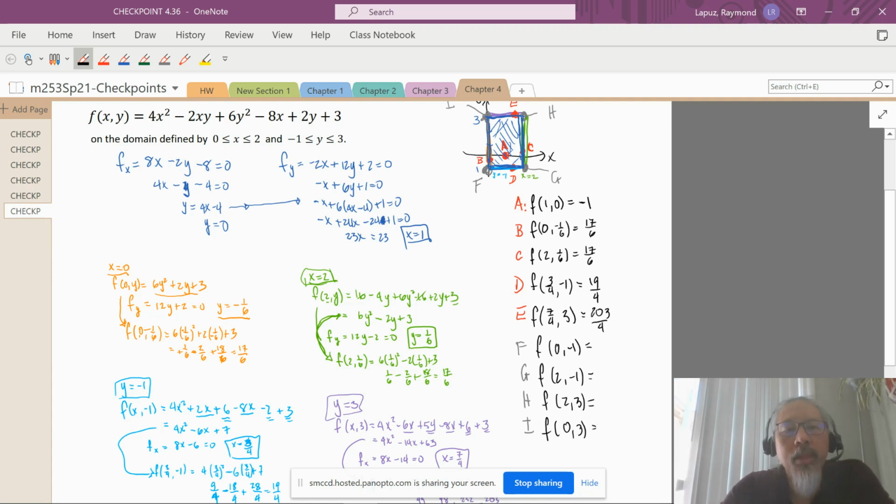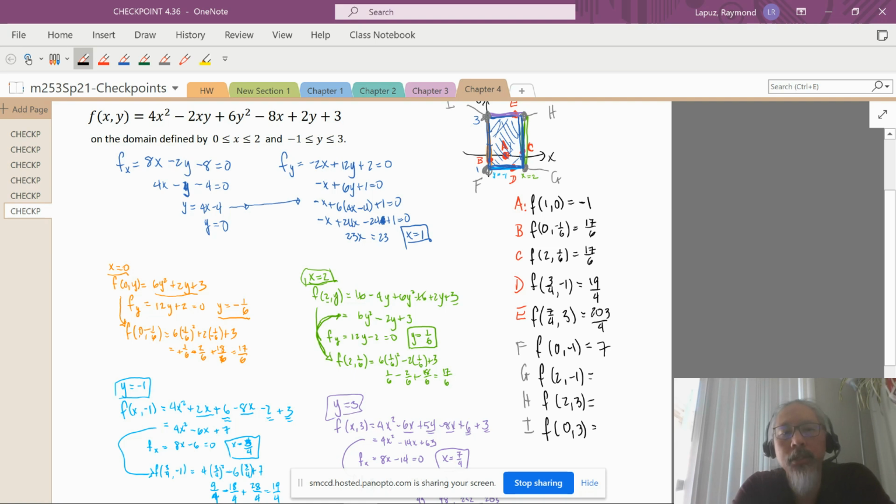Okay, putting 0 in for X and -1 in for Y. We're going to get 0, 0. This is going to be 6 plus, putting -1 in, 6 minus 2 is 4 plus 3 is 7. Putting 2, -1 in, 2 in for x, this will give us a positive 4.